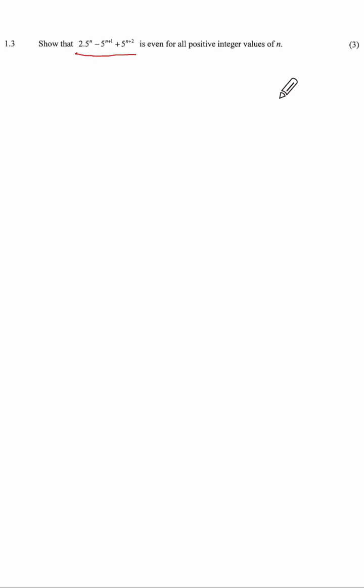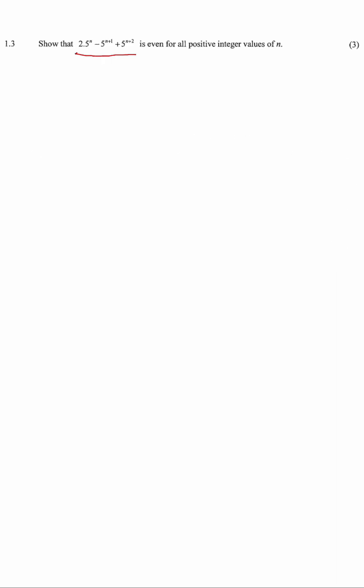So just as an example, if I take 3, we know 3 is not an even number, but if I multiply it by an even number like 2, the result will be 6, right? Or if I take 7, which is not an even number, if I multiply it by an even number like 4, I know the result is 28. So that's the kind of idea behind this question.